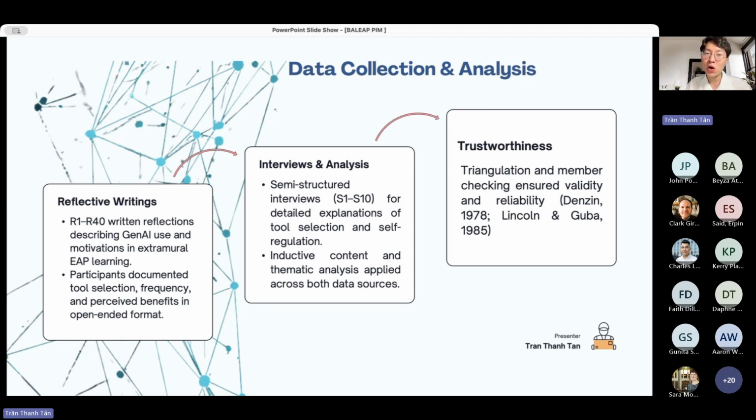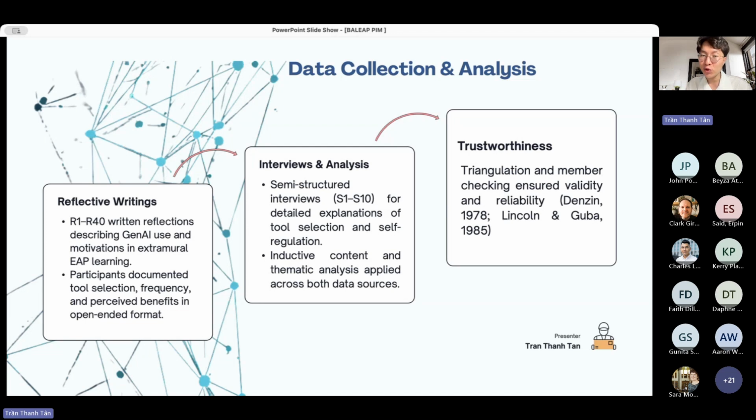These reflections describe GenAI use and motivations in extramural EAP learning, and participants documented tool selection, frequency, and perceived benefits in an open-ended format. For interviews, these 10 interviewees gave detailed explanations of their tool selection and self-regulation.